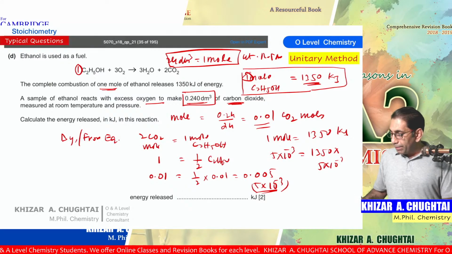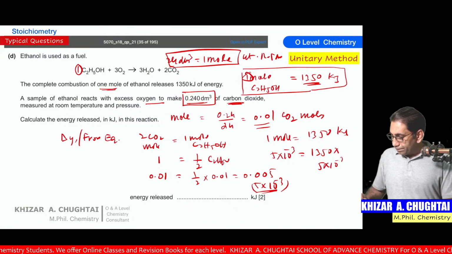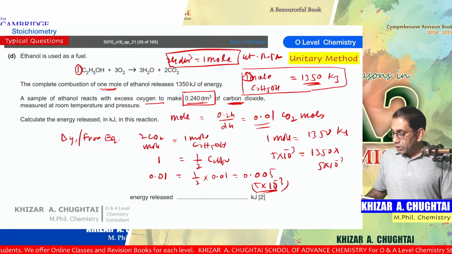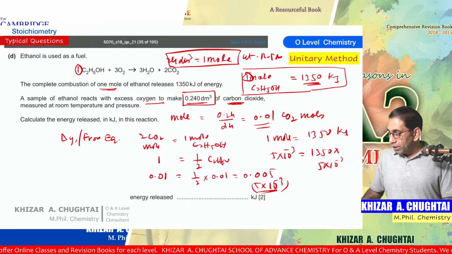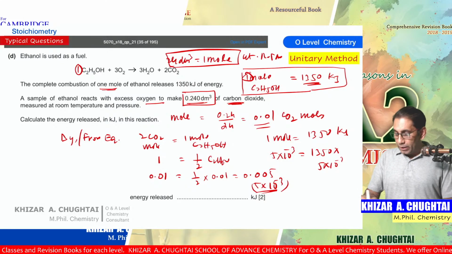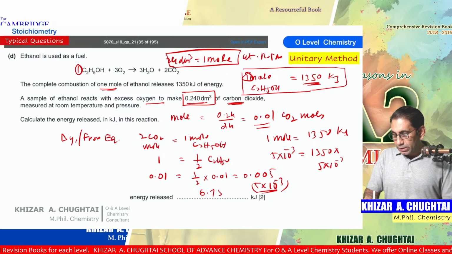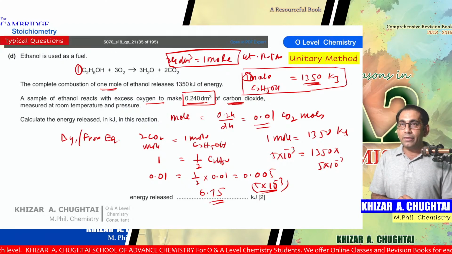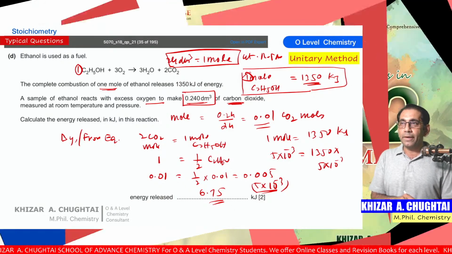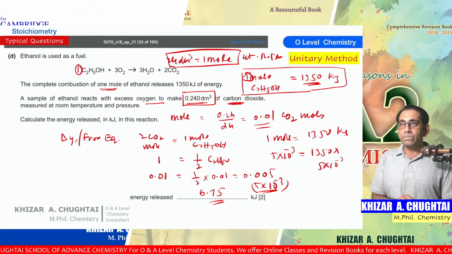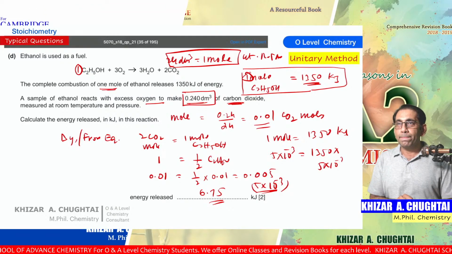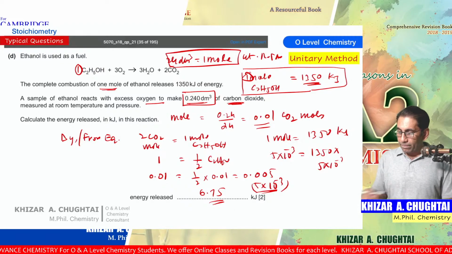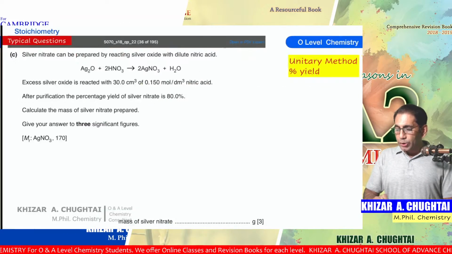I mean, multiply by this answer, and you will get 6.75. 6.75 is the answer of energy released in this experiment, right? Okay, come to the next one.